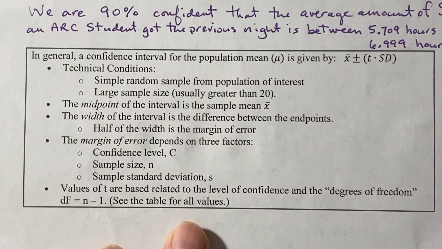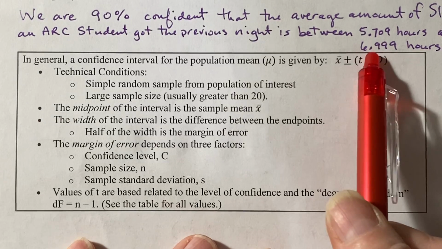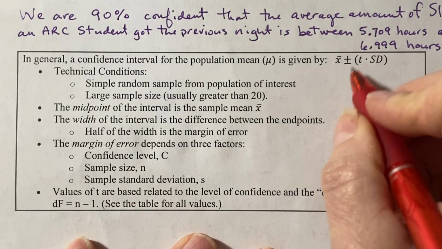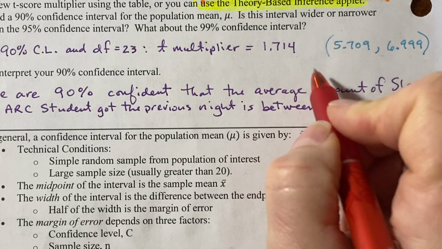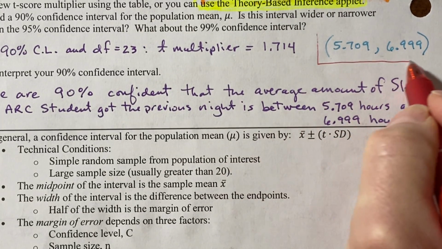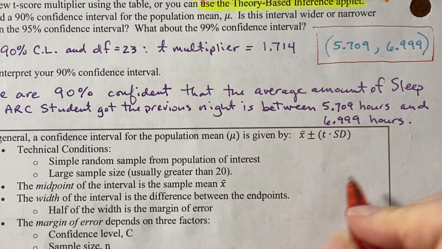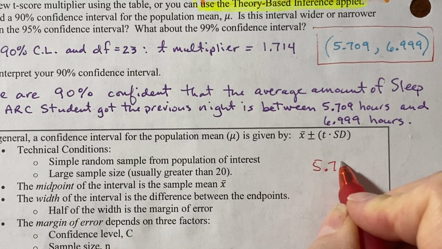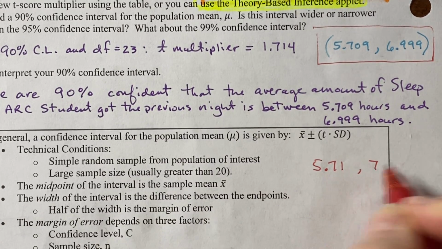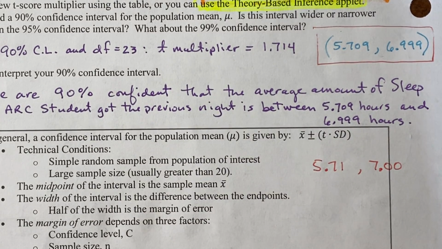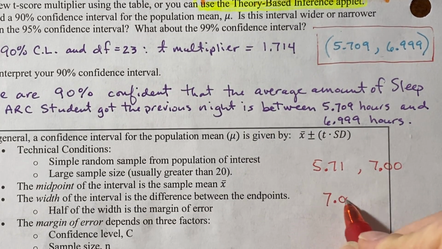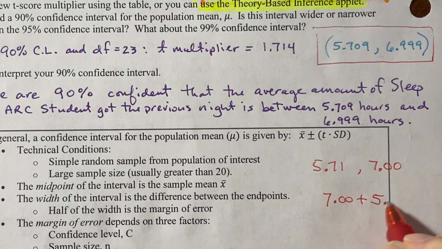How would I find the middle? Let's just take, for example, the 5.71, the one up here. This confidence interval right here. I'm going to round it. 5.717. Okay? If I find the exact middle of that, it's just finding the average.